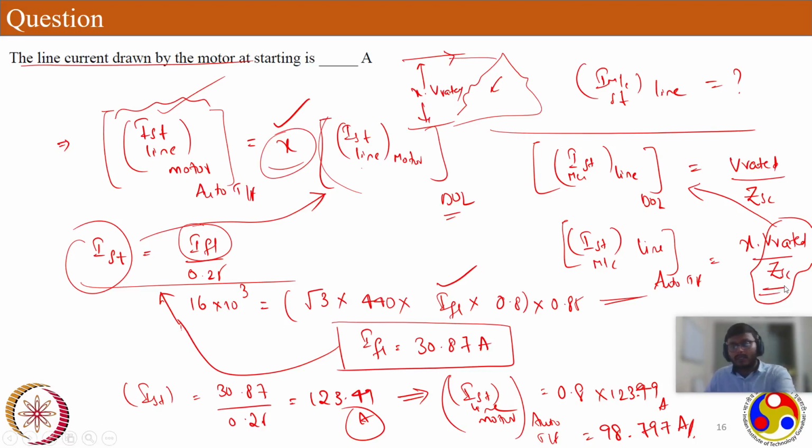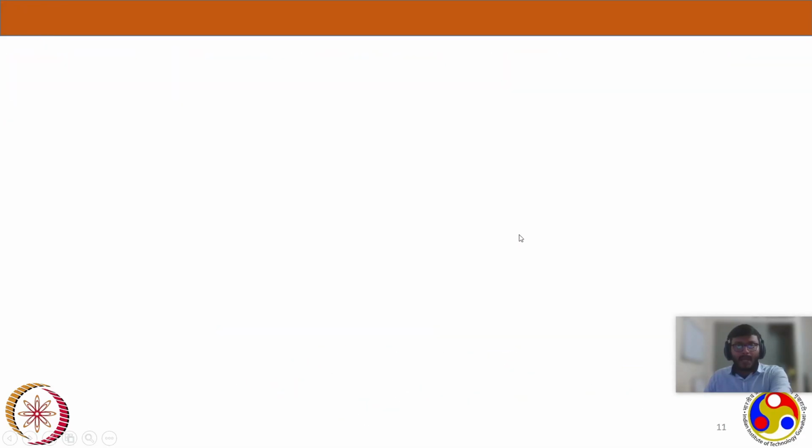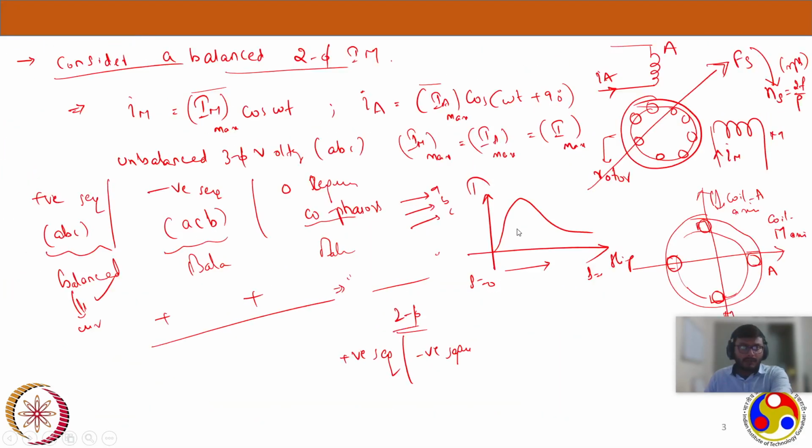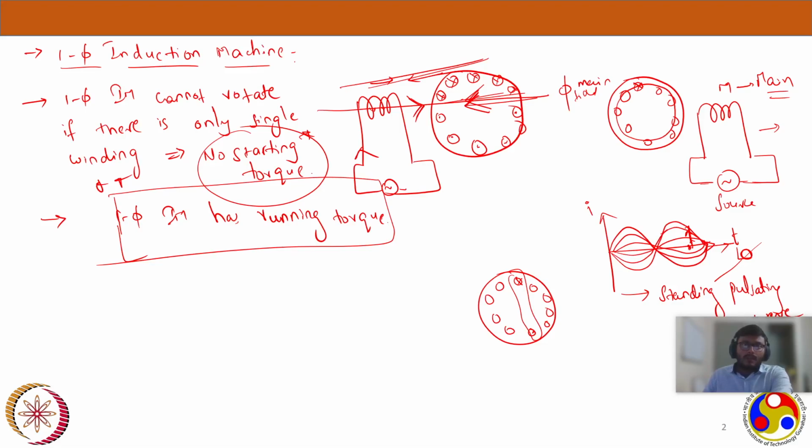And apart from that, a quick look back at whatever we have discussed today. We started the discussion with a single phase induction machine, and we decided that this machine cannot have a starting torque, but it will have a running torque.